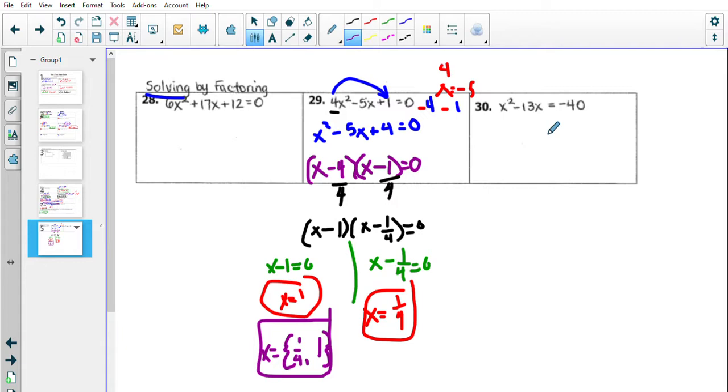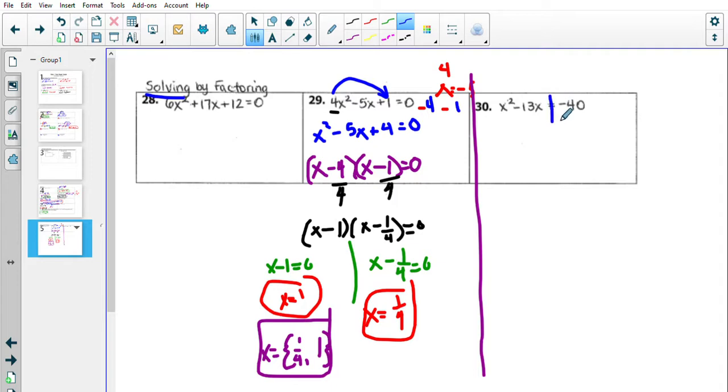And then our last problem that we're going to do here, and again, we can take a look at the other ones in class, is number 30. Okay, so let's look at number 30 here. With number 30, we want to solve, so it has to be set equal to 0 like 28 and 29. But number 30 is not set equal to 0, it's set equal to -40.